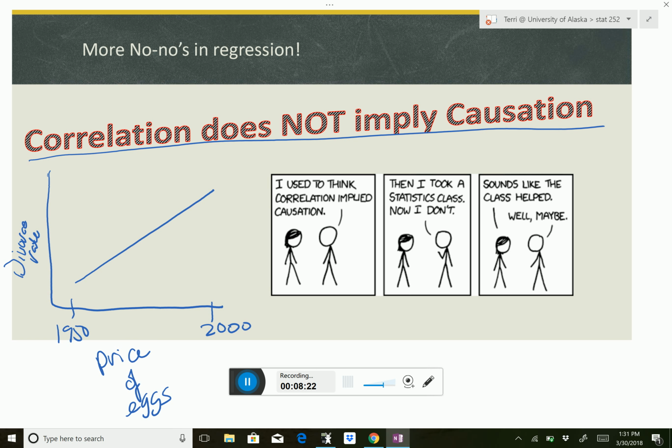But is the price of eggs causing divorces? As the price of eggs go up, more people get divorced? I don't think so. So this is what I mean by this. You can make absolutely ridiculous correlations. And no, they're not causing each other. That's kind of crazy.